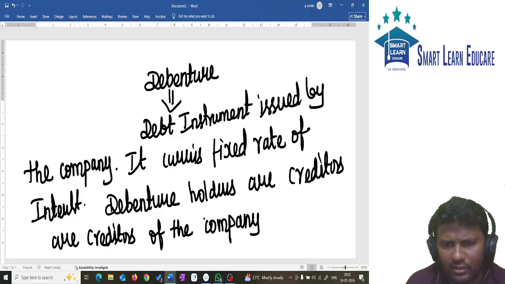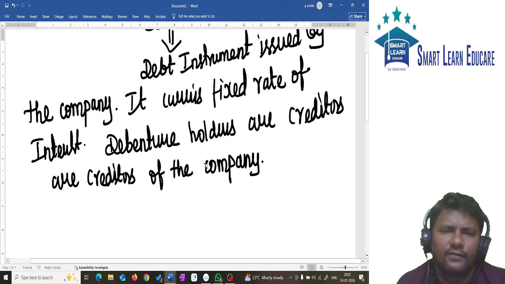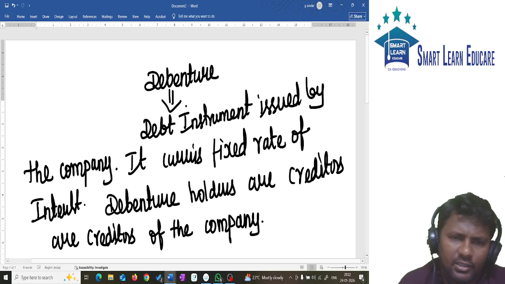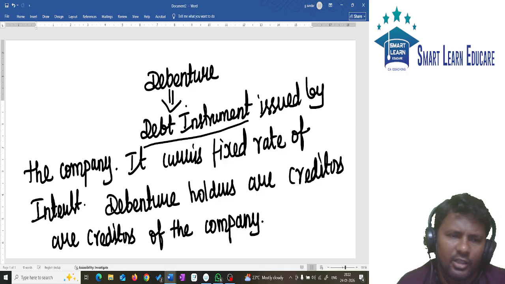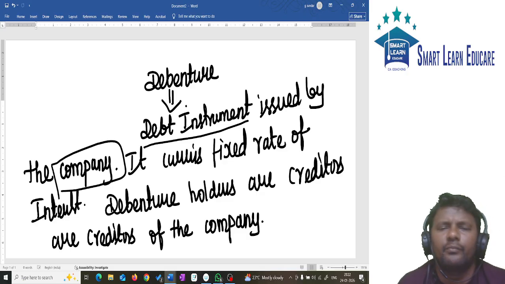Debenture holders are creditors of the company. Basically, debenture is a debt instrument issued by the company.